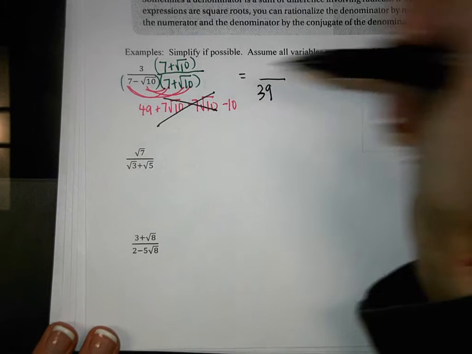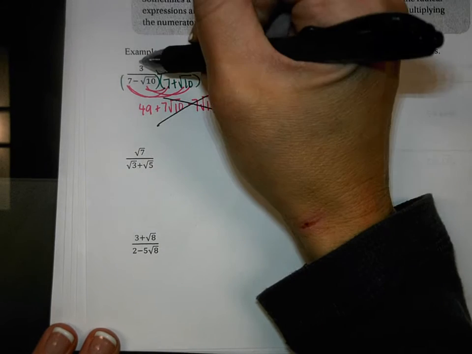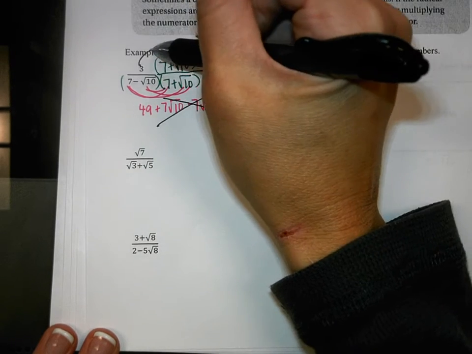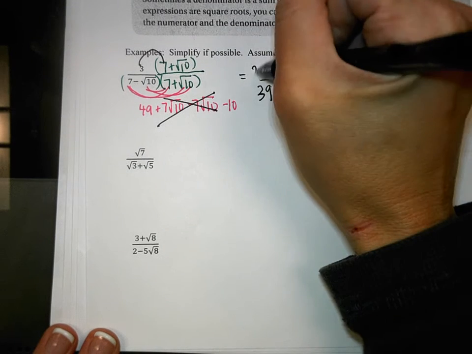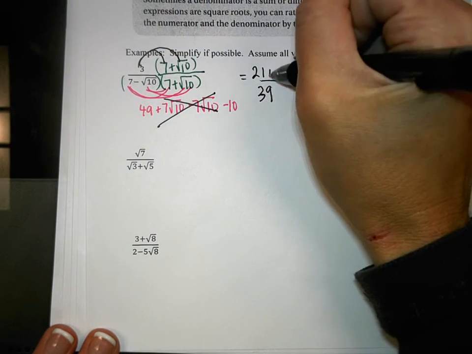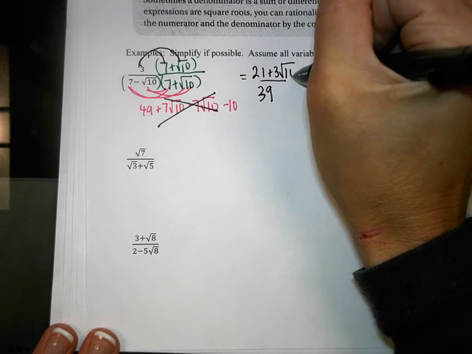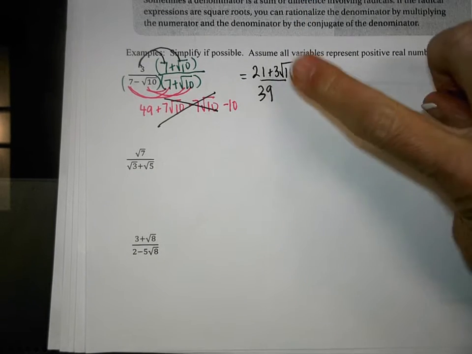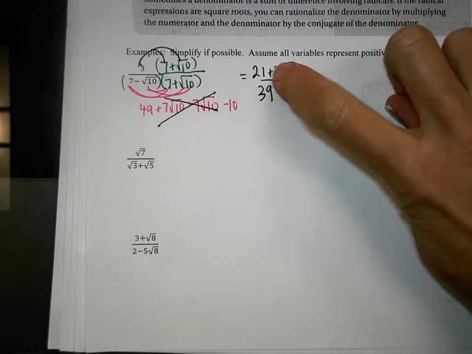We also have to distribute the top. 3 times 7 makes, and 3 times root 10 is. The only way you can reduce is if all of the terms can reduce by the same number.